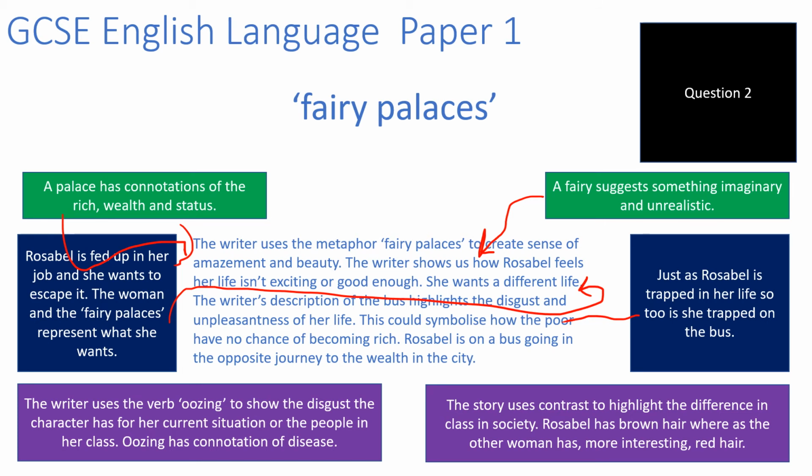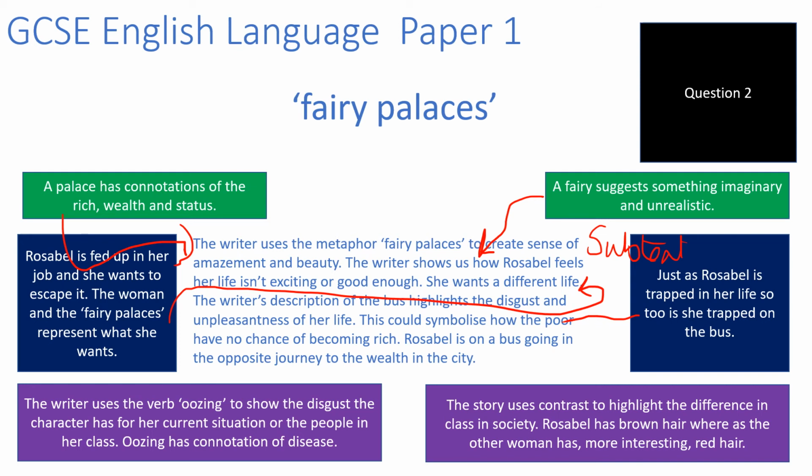And there are 3 different things that we've done there. 1 is to explore the meanings of words. 2, we've given more detailed reasons why things happen, and this is that subtext element. And the other thing we can do is link it to other techniques in the story and the extract and build up that understanding there.